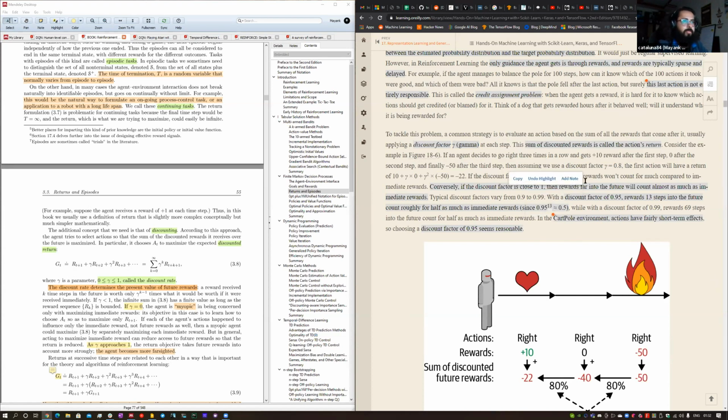And they have given an example here: if we have a discount factor of 0.95, and the rewards are 13 steps into the future, the weight of that immediate reward at the 13th step will have a half impact.